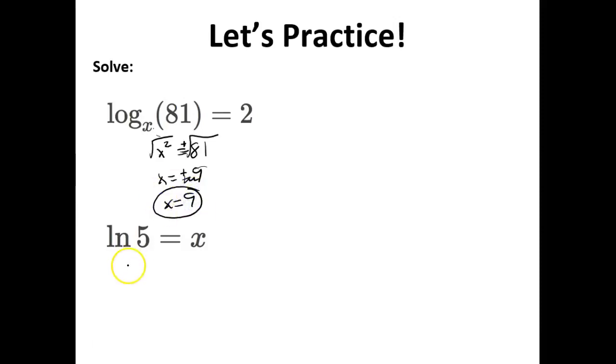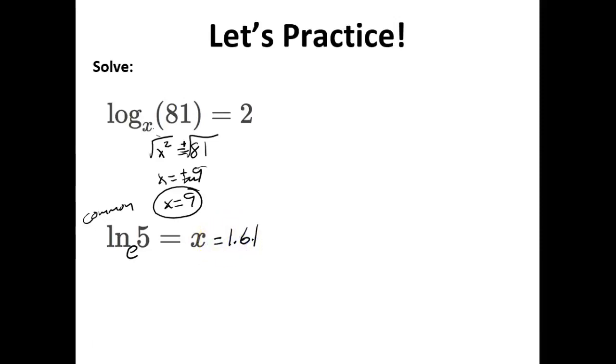In this case here, this is saying e to some power is equal to 5, so x is ln of 5. This ln is a common one. It's base e. This is one that you would have on your calculator. All you would have to do on this one is type in ln of 5, and you would get 1.61 for x.